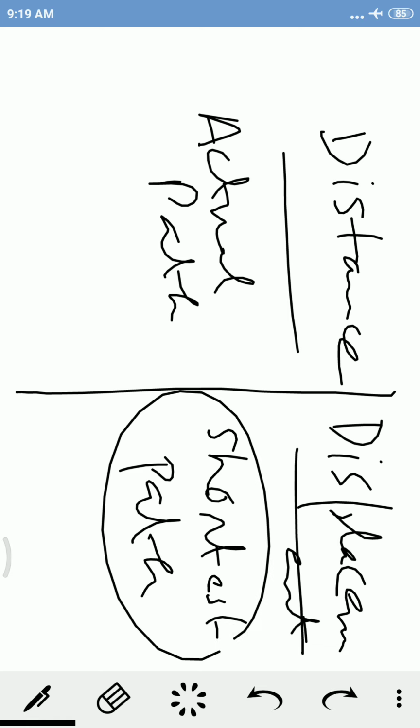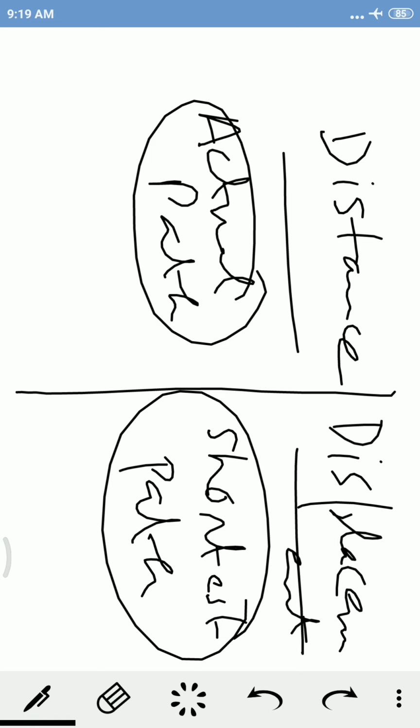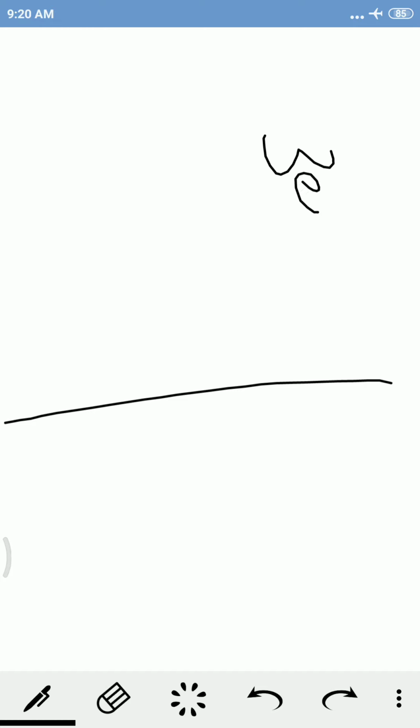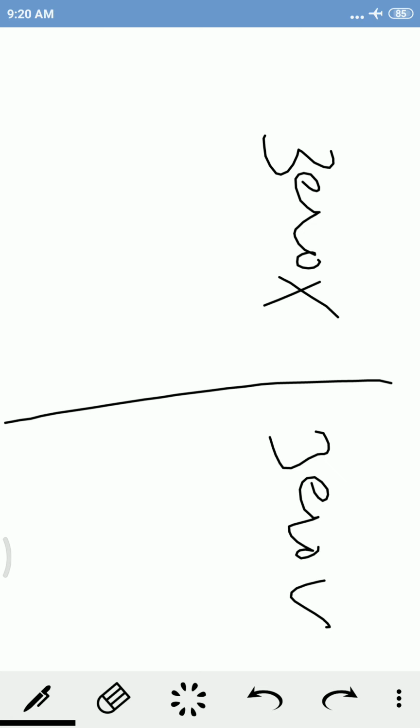The next difference is that distance is a scalar quantity and displacement is a vector quantity. The next difference is that distance cannot be zero, but displacement can be zero. I have explained this in the example of the circular path.